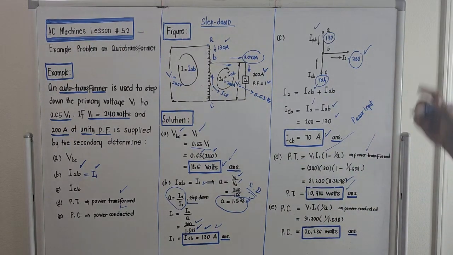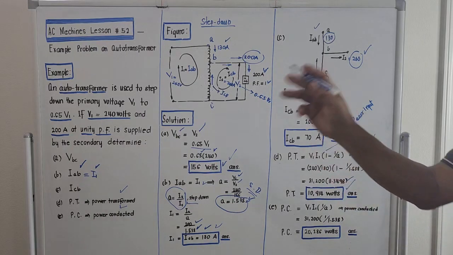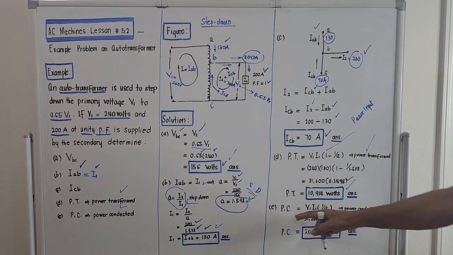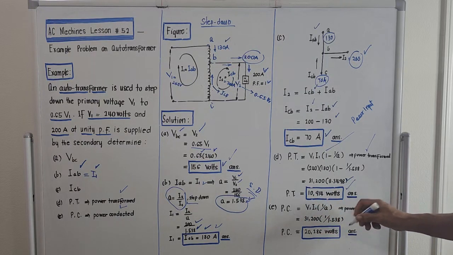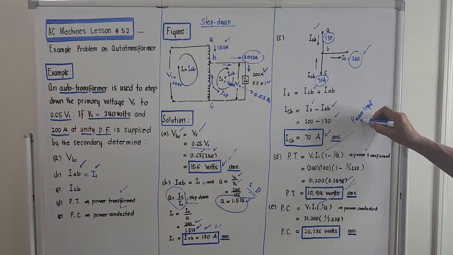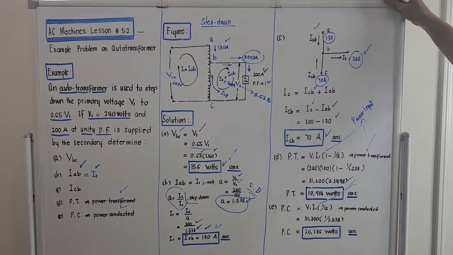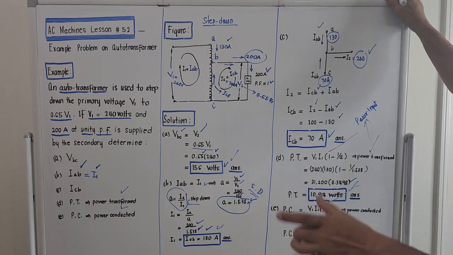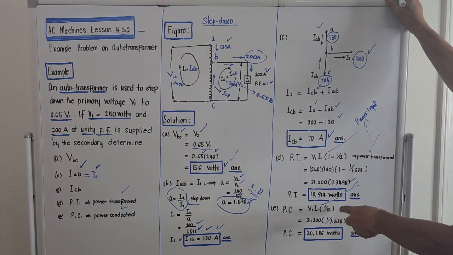For the power conducted, again, the last time around, we derived this one. Power conducted is actually V1 I1 times 1 over A. And the product of V1 I1 is still power input. Okay? But the formula on how to compute for the power conducted is different. We derived this one the last time around.